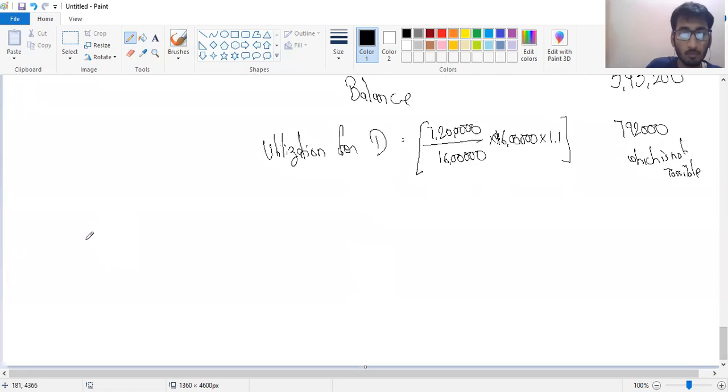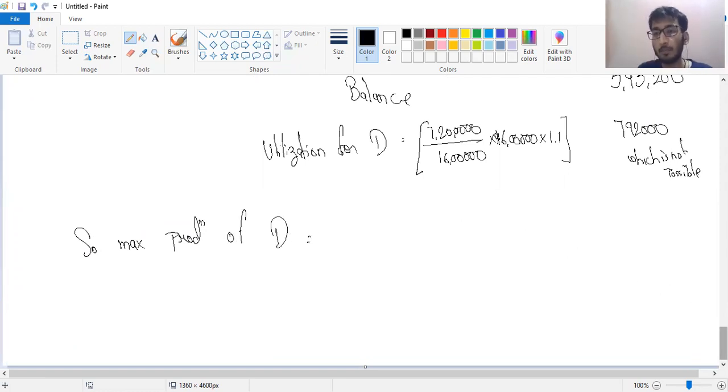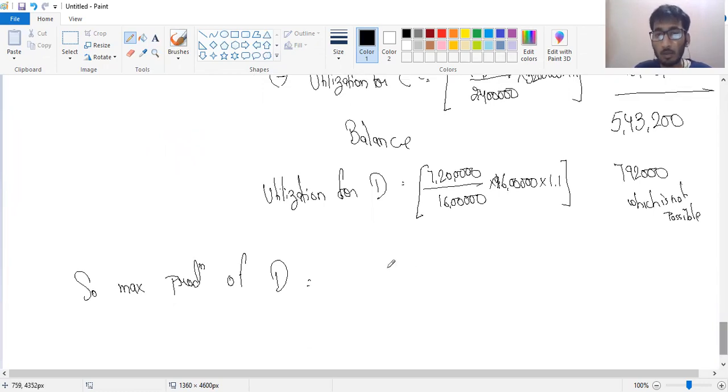So maximum production of D. What is the maximum production of D? So basically 5,43,200. This is the given raw material cost.